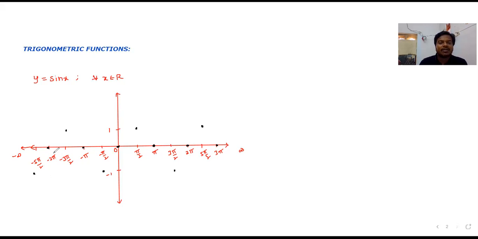By joining all these points, we get the graph of sin x. This is the graph of sin x. Okay.